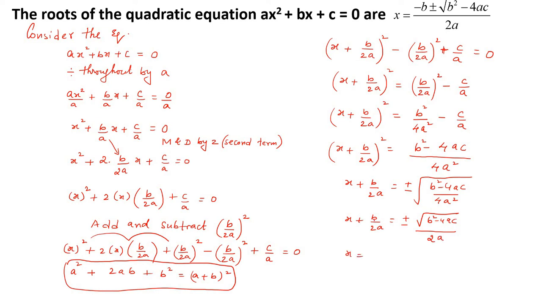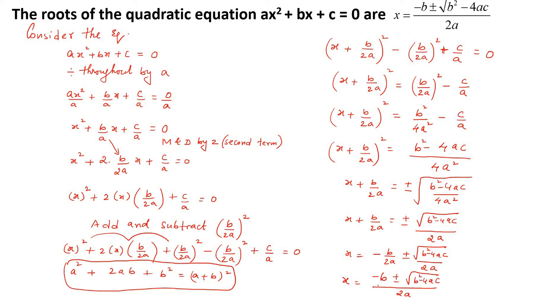So x equals to, take this b by 2a on the other side, it comes here and becomes minus, plus or minus root b square minus 4ac whole divided by 2a. So denominator is same, 2a and 2a. We can write the denominator commonly here. So we have minus b here, plus or minus root b square minus 4ac here.